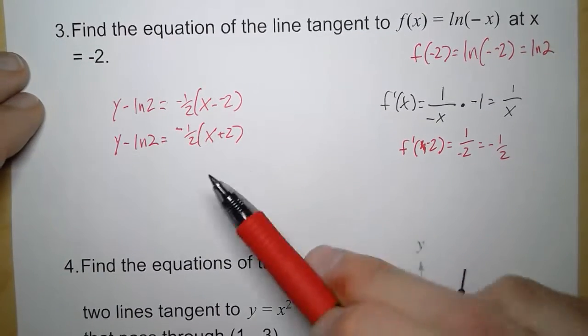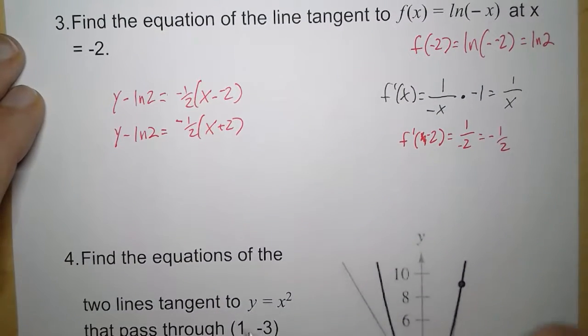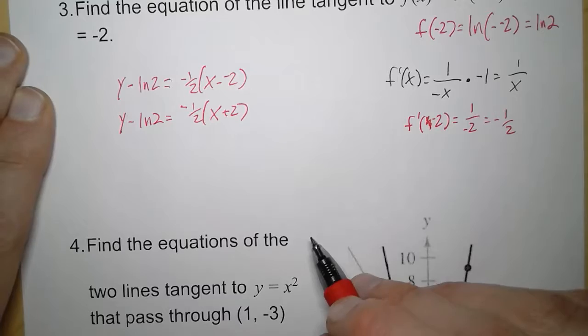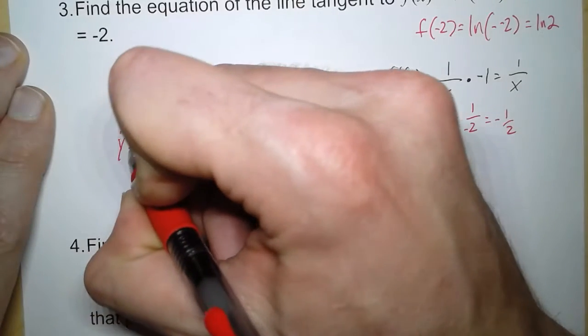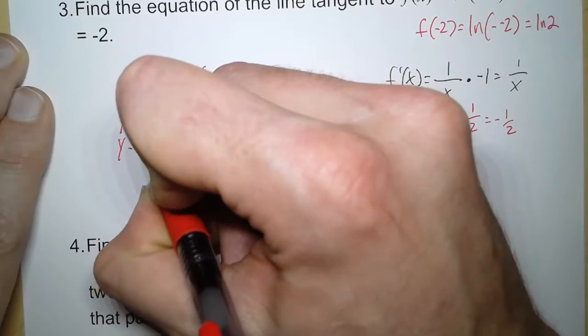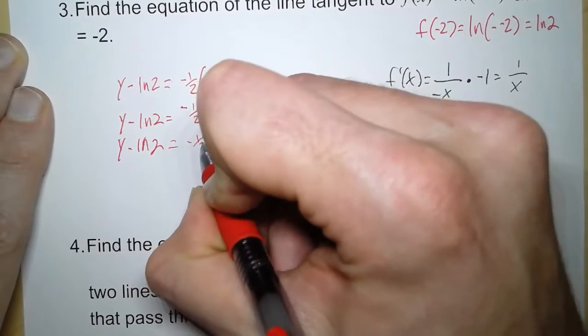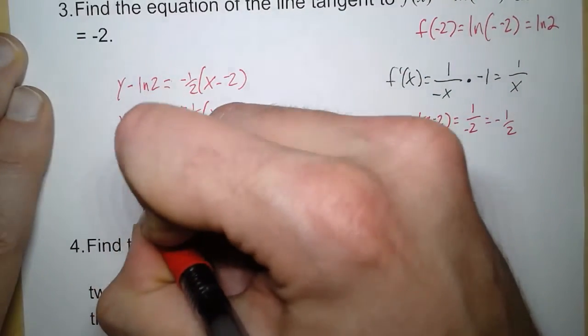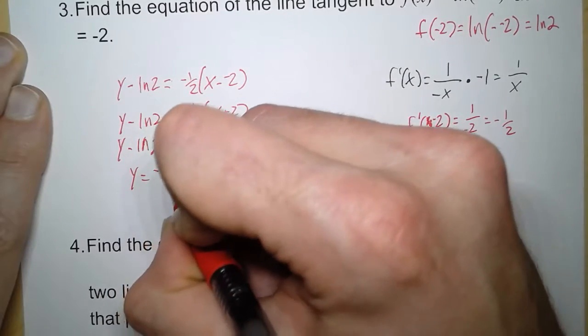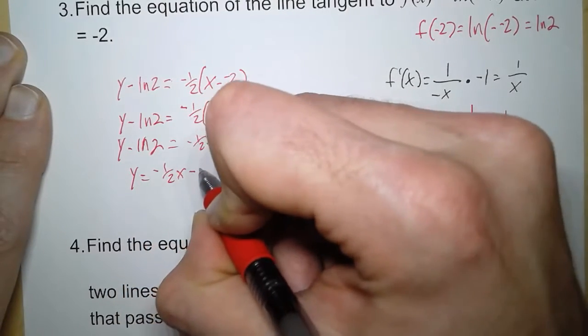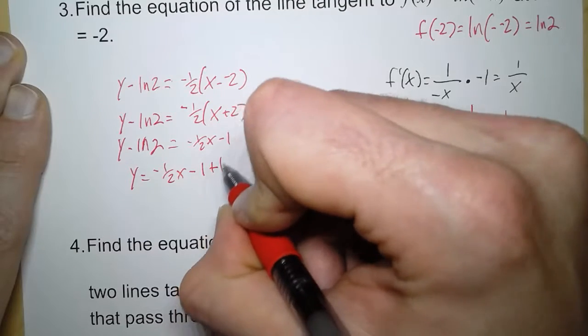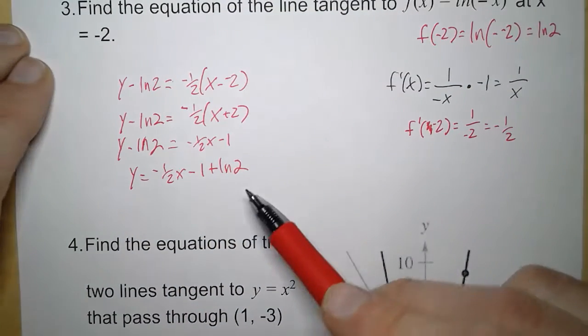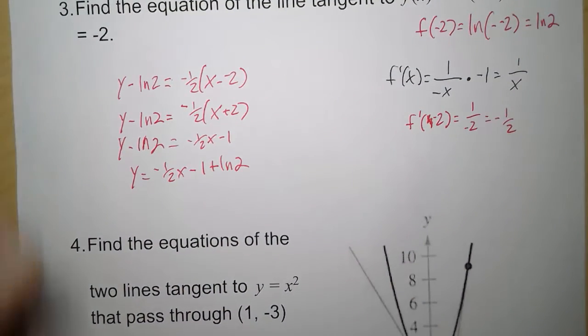And so there we go, that's in point slope form, and now I'll write it in slope intercept form. So I'll multiply in the negative 1/2. So we have negative 1/2 x minus 1, and then I'll add the ln of 2. So negative 1/2 x minus 1 plus ln of 2. And we just leave it in that form.